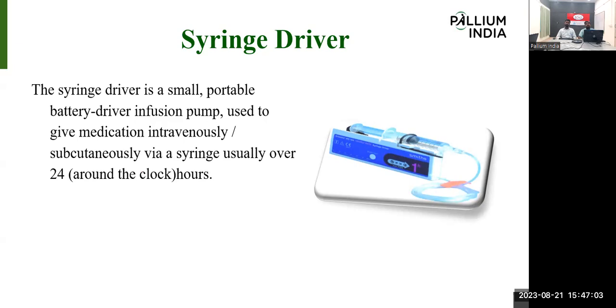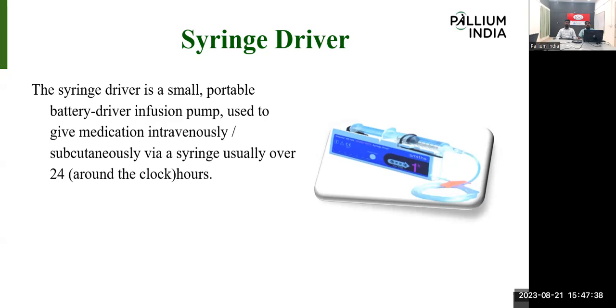Along with the syringe driver, the patient can mobilize and do every activity they can do. Mainly 2 types are there: per-hour setting syringe driver and per-24-hour setting syringe driver. In our setting, why do we use the syringe driver more? Because our palliative care management should not restrict the patient or the family's activity due to these machines.